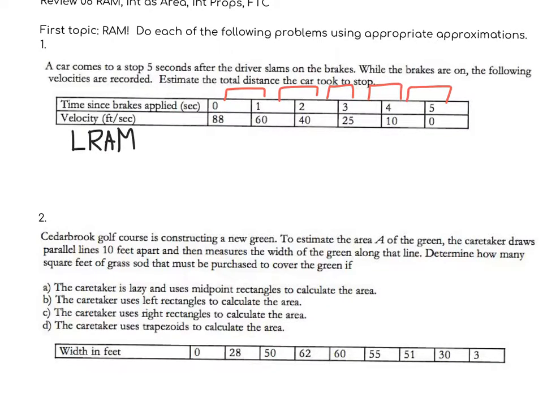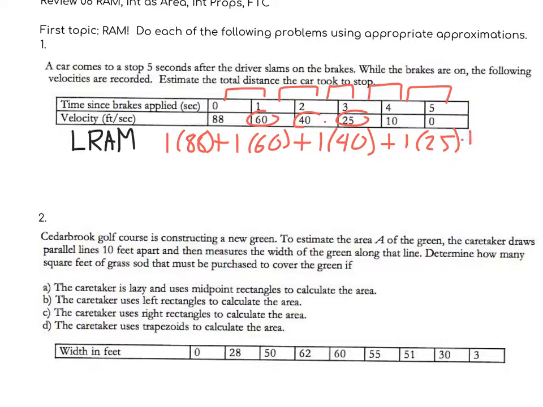And if I start from the left side, we've got a 1 width and an 88 height. We've got a 1 width and a 60 height. We've got a 1 width and a 40 height. We've got a 1 width and a 25 height. We've got a 1 width and a 10 height. That would be left rectangles, whatever that comes out to be as an answer.